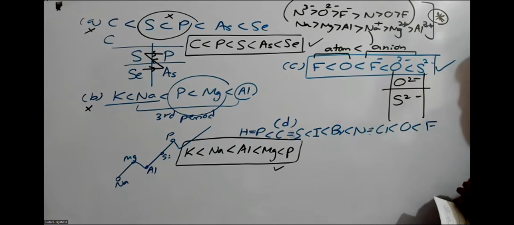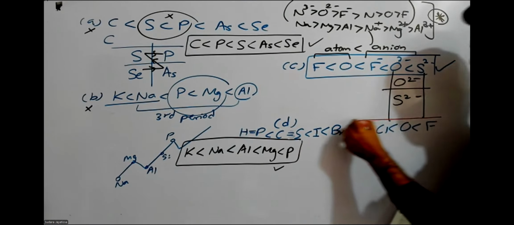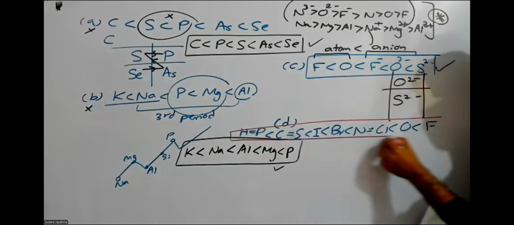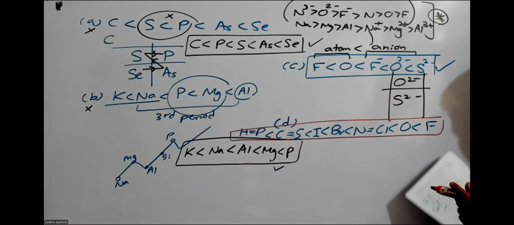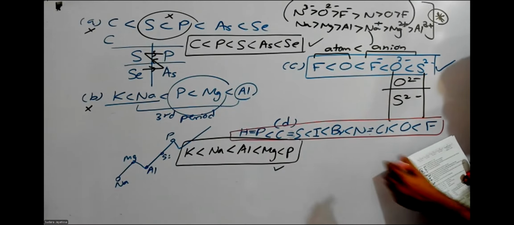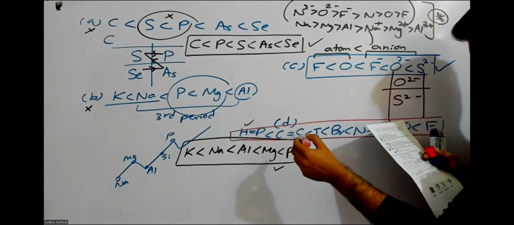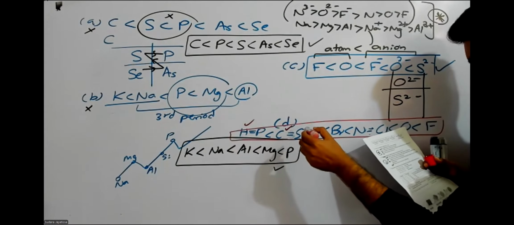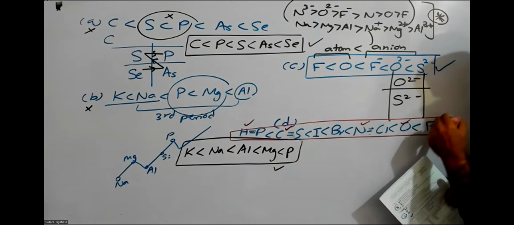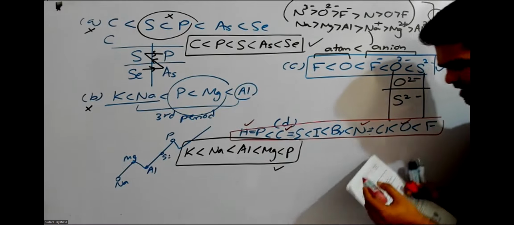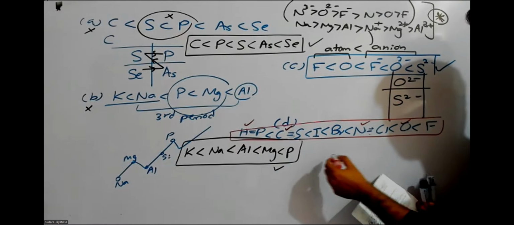This is the order that I ask you to remember for the electronegativity of nonmetals. Now hydrogen is here, carbon is right here, nitrogen is here, and oxygen is here. Those elements are okay, but lithium is not there because lithium is a metal.